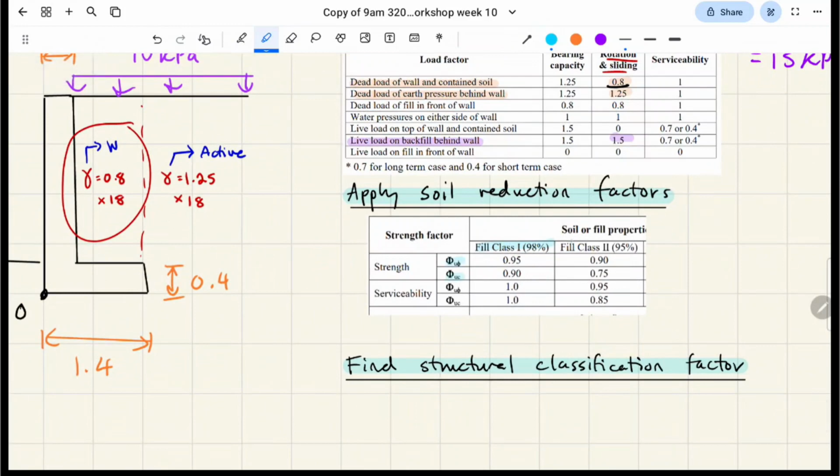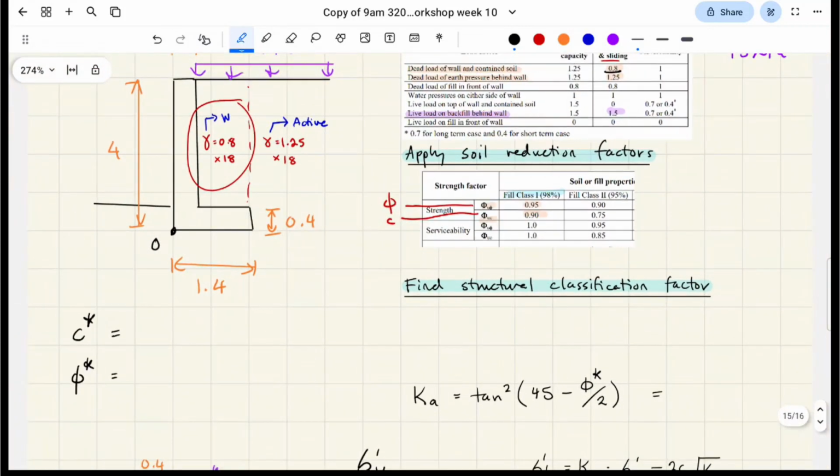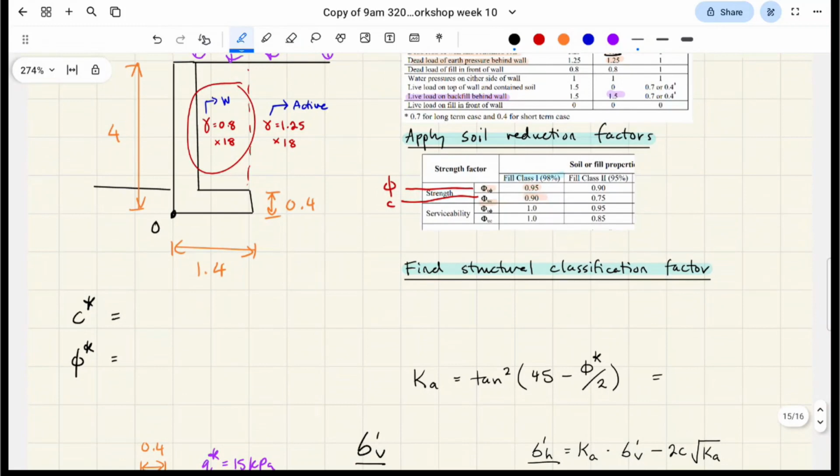Unlike last time, we're going to be taking both these rows, because the top row applies to our friction angle, and the bottom row applies to our cohesion, and in our case we have both. And then lastly, I'll show you what that looks like. On the left here, that's our C star and phi star calculations.